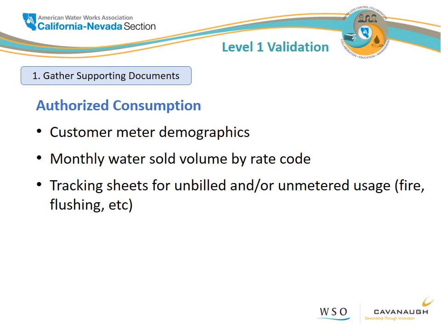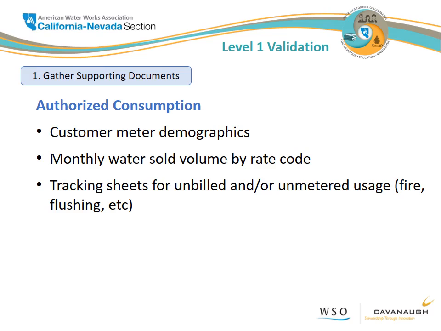Those would typically have their own rate code that would allow the billing system to distinguish that those are no charge accounts. If you don't have any of that, that's fine, but we're interested in seeing the water sold by month by rate code, and to allow us through this process to learn about what those different rate designations are and the usage at each.